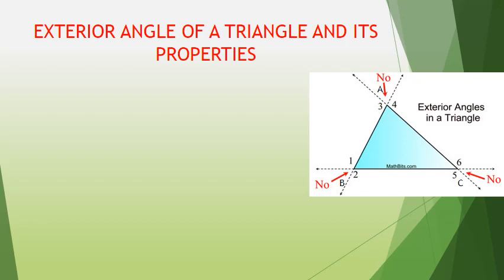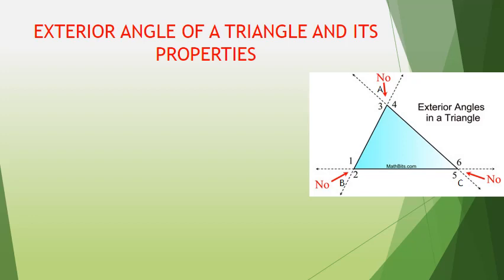So these two angles are not exterior angles, and the other 2 angles, that is angle 1 and angle 2, are exterior angles. Similarly, the marked angle is the interior angle of the triangle, and its vertically opposite angle is not exterior. The other 2 angles are called exterior angles of the triangle. So angle 5 and angle 6 are exterior angles of the triangle.